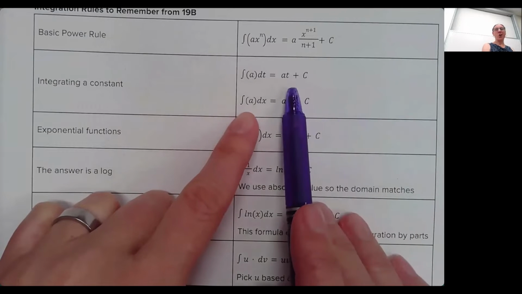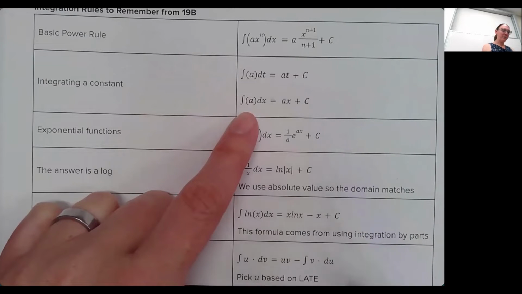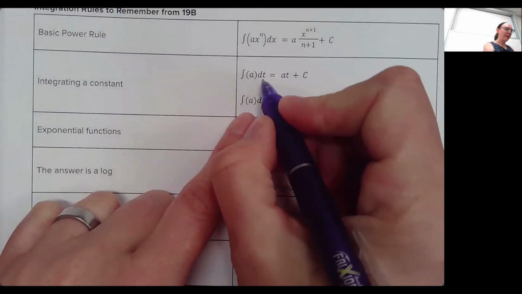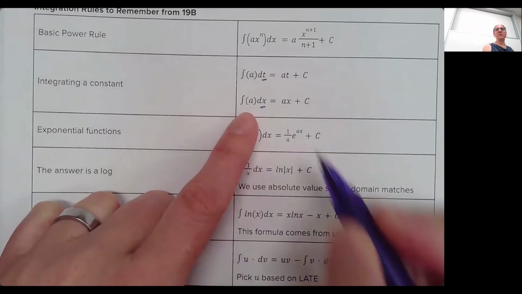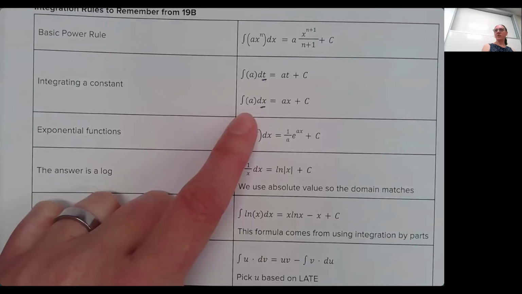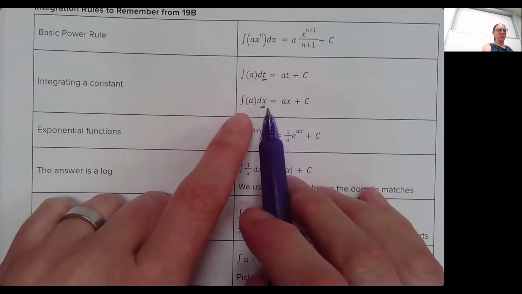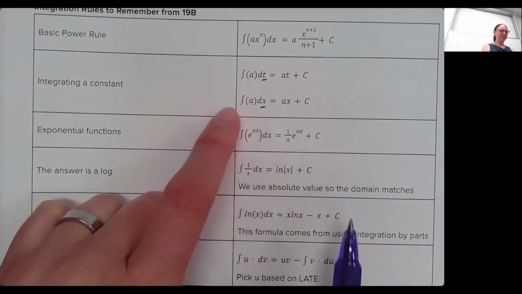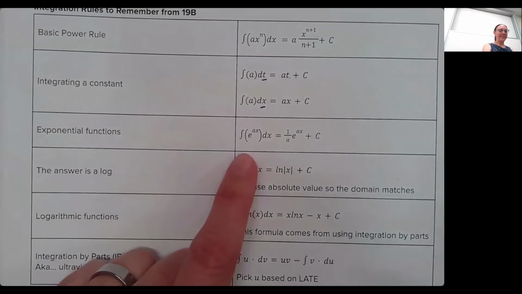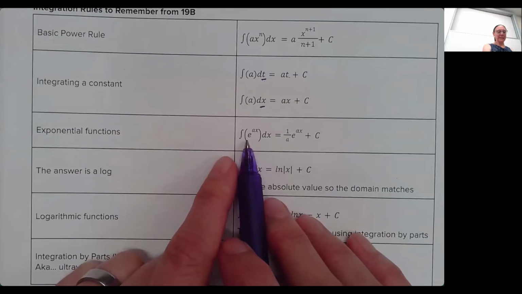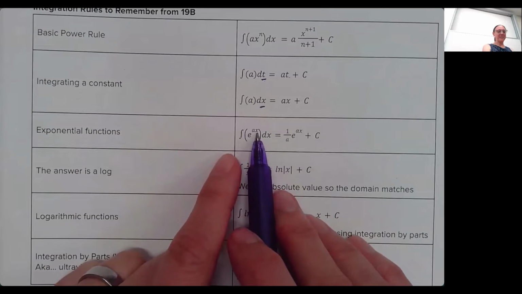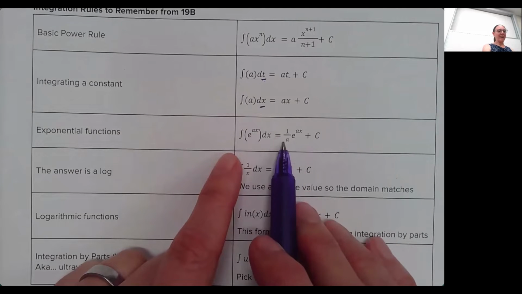If I'm integrating a constant, I have to pay attention to what variable that integral is with respect to, so that when I integrate that constant, I pop out a variable that matches what I'm integrating with respect to. Anytime I have something of the form e to the ax, that integral is 1 over a e to the ax.